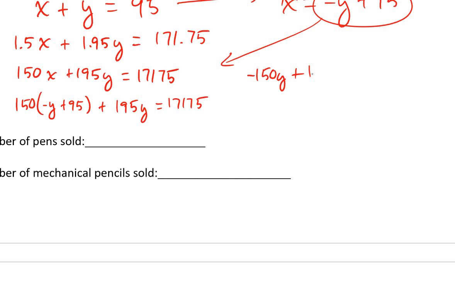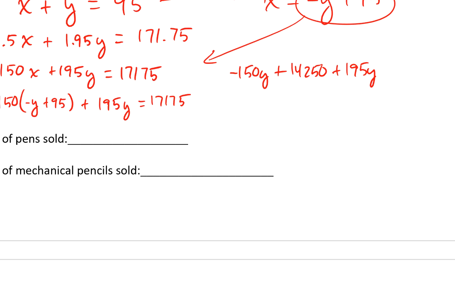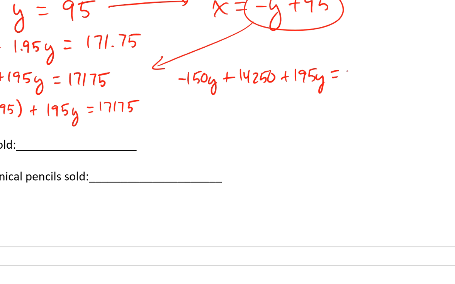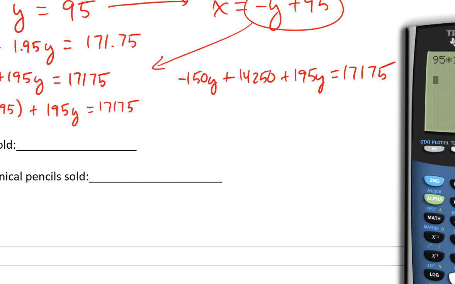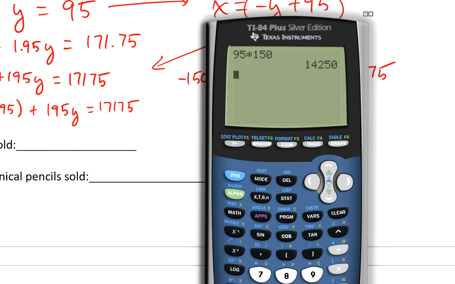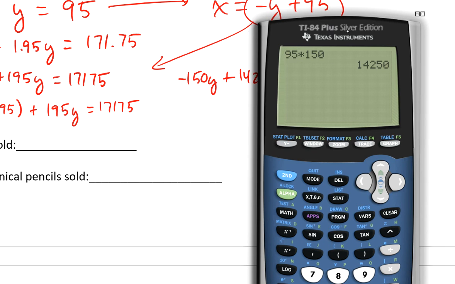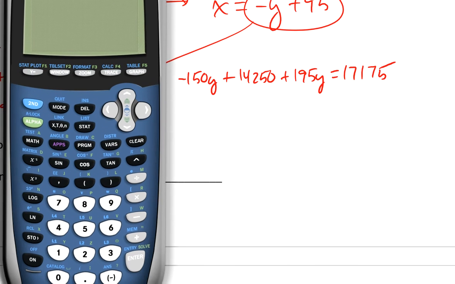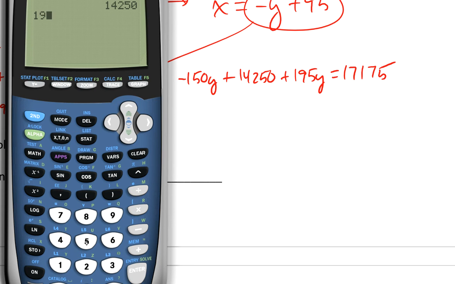So plus 14,250, and then plus 195y, and that equals 17,175. So if I combine my y's, I've got a negative 150 and a positive 195. I'm just going to take the 195 and subtract 150 from that. Okay, so I've got 45y on this side.